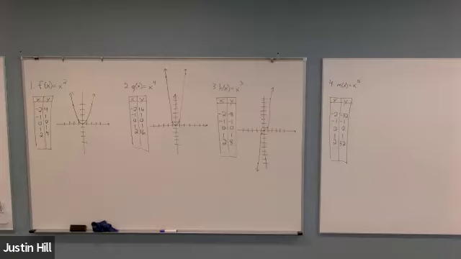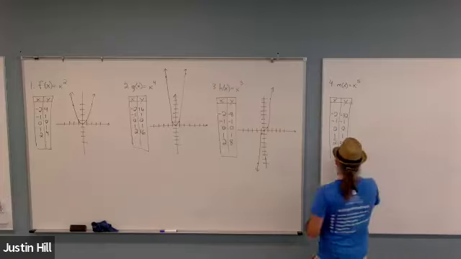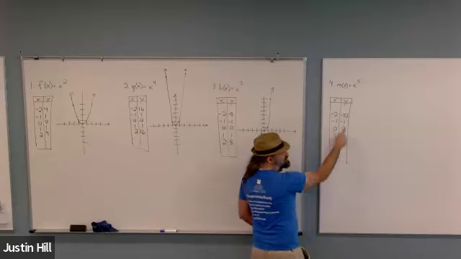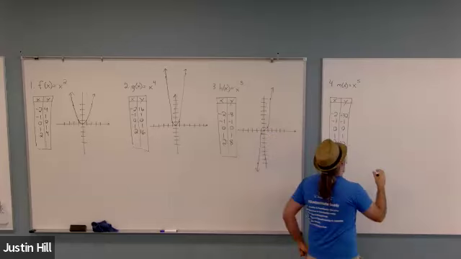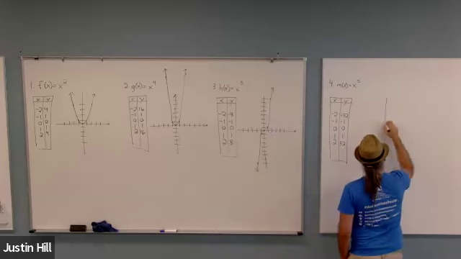We're gonna get big numbers, and that doesn't mean you did something wrong. That's actually what we should get. So when I go to graph this, the best I can do with 32 and negative 32 is to be like way up here, way down there. So let's do that.